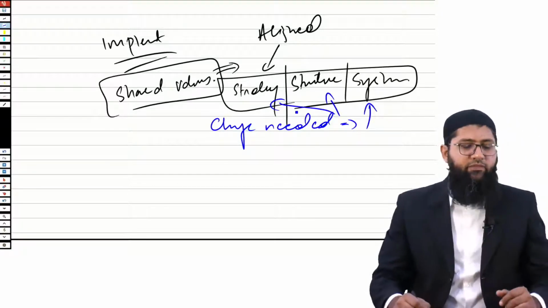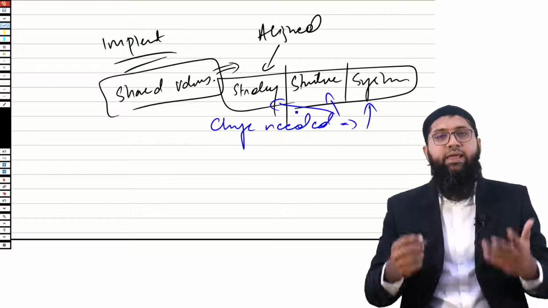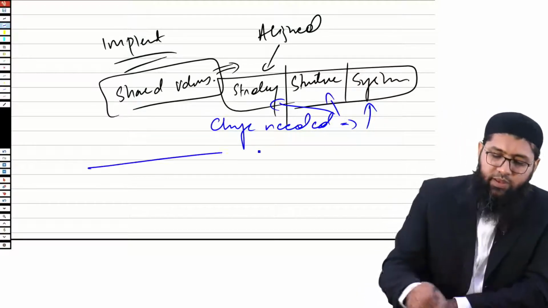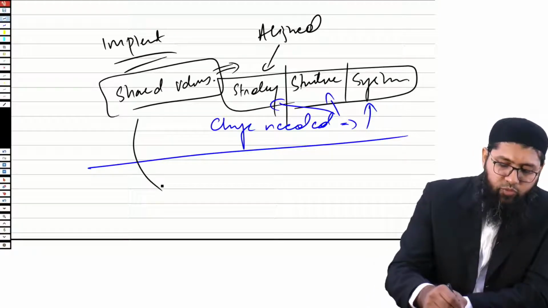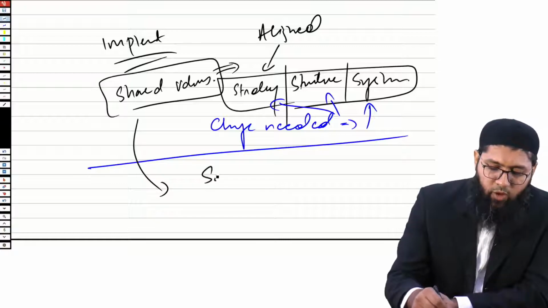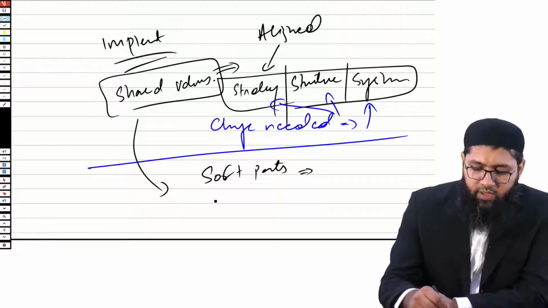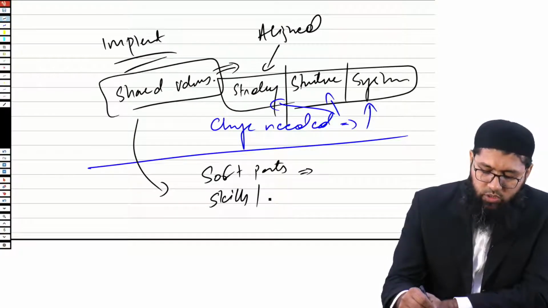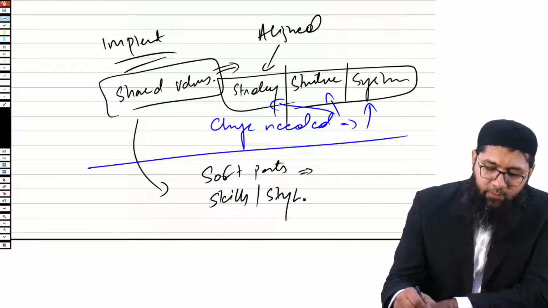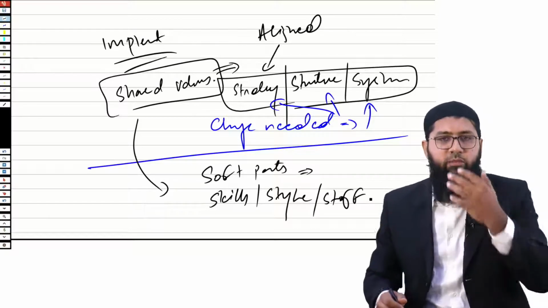I repeat, in case any change is needed, first of all, you change your hard elements to whatever extent you can. The next step is that you then focus upon the soft parts like the skills, style, staff, etc. You focus on the soft elements and try to change them to whatever extent you can.